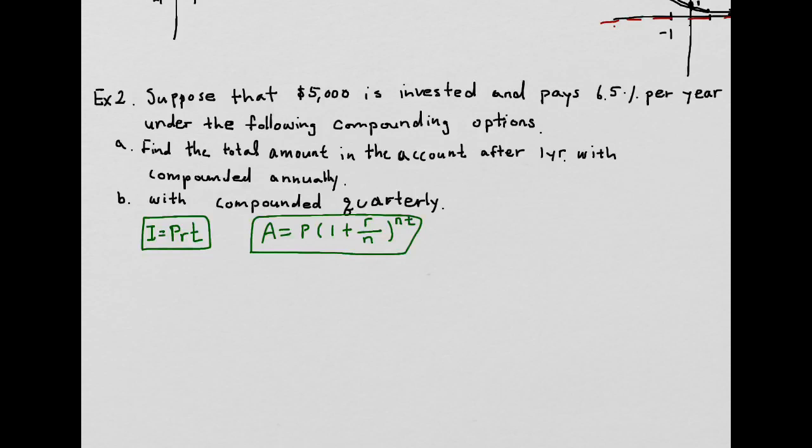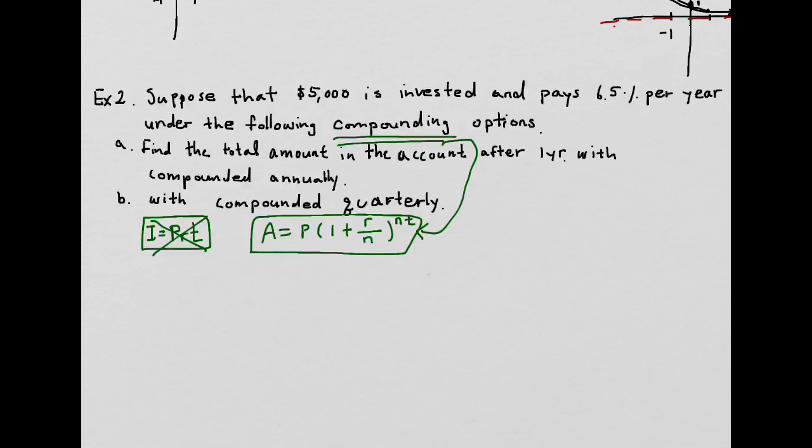So when we're reading this problem, example 2, it says suppose that $5,000 is invested and pays 6.5% per year under the following compounding options. Whenever you see compounding options, you're going to use this formula instead of the simple interest, right?